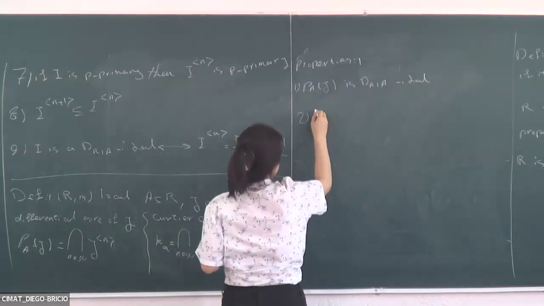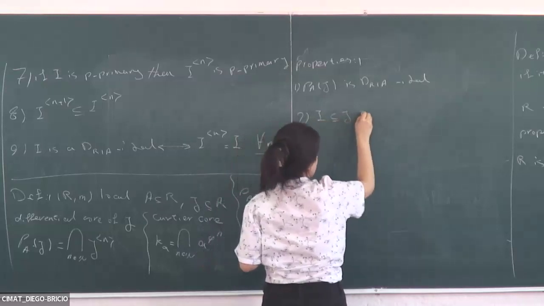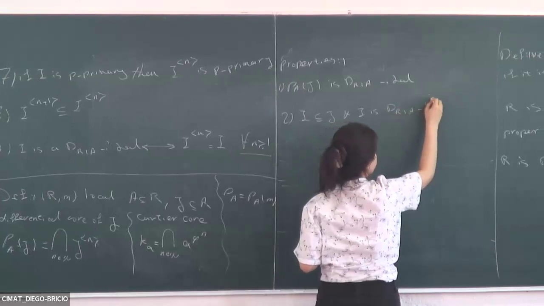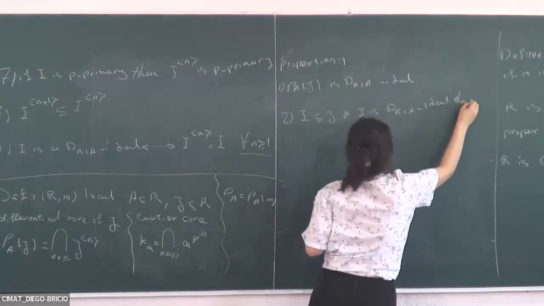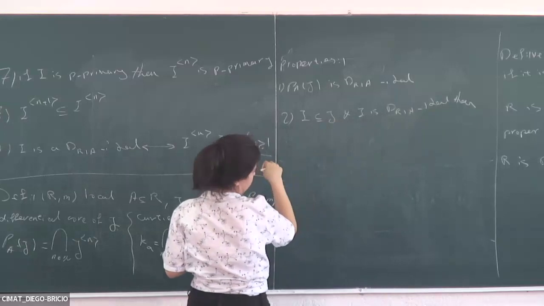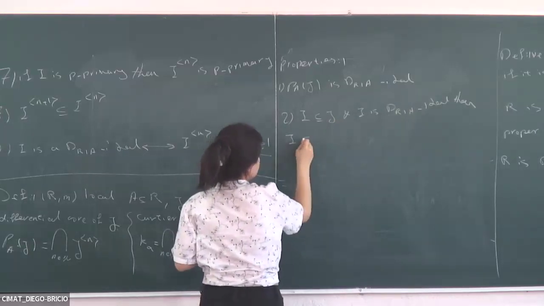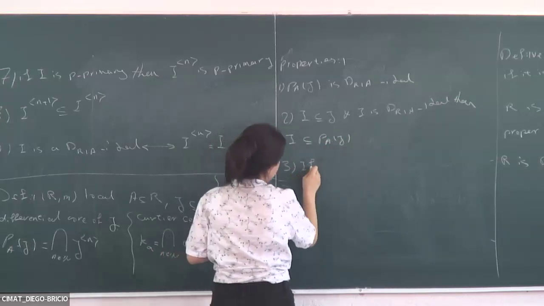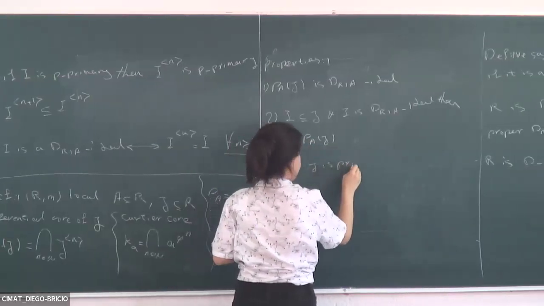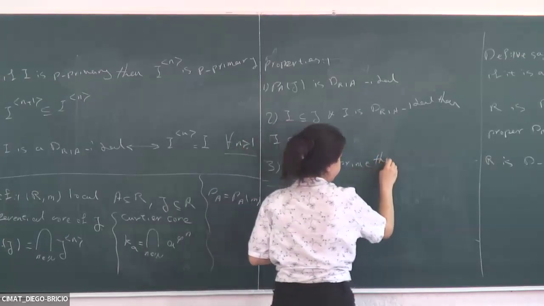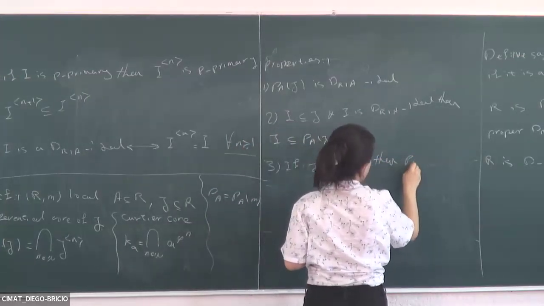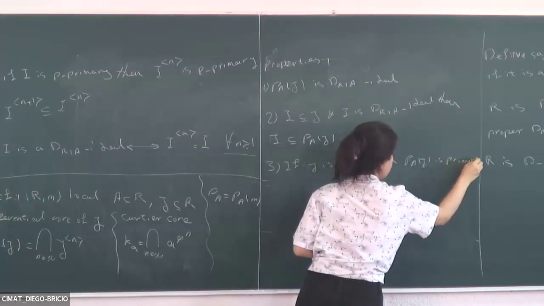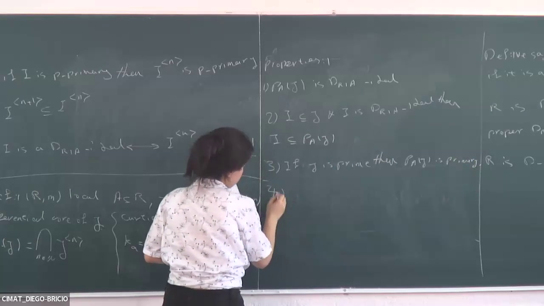The second is that if I is a subset of J and I is a D ideal, then I is a subset of rho of J. If J is prime, then rho of J is primary.